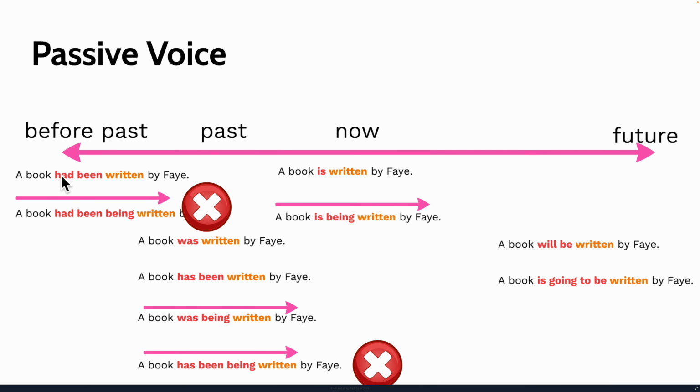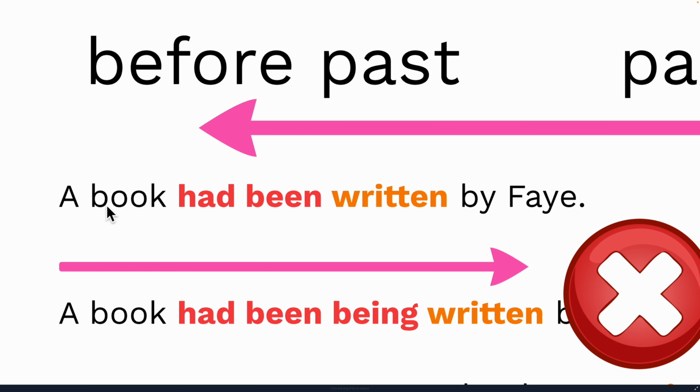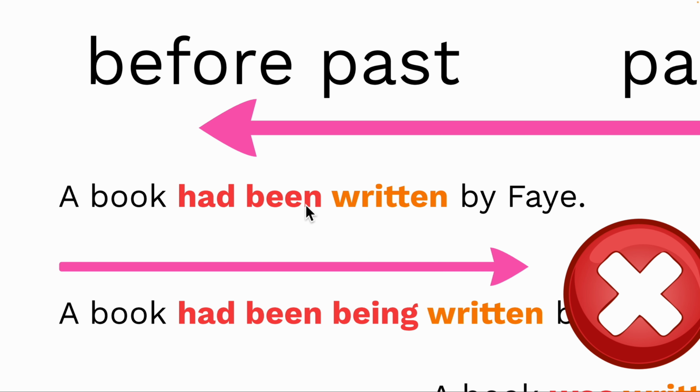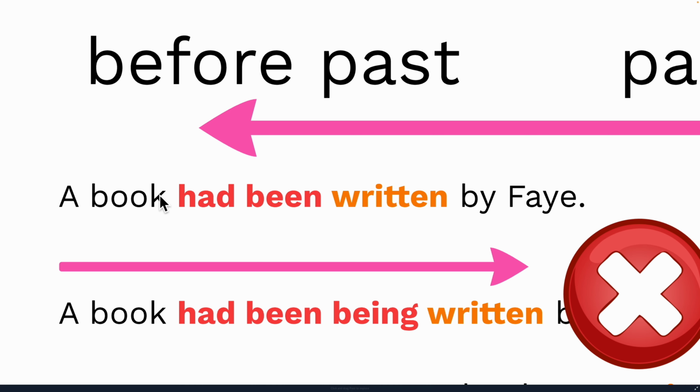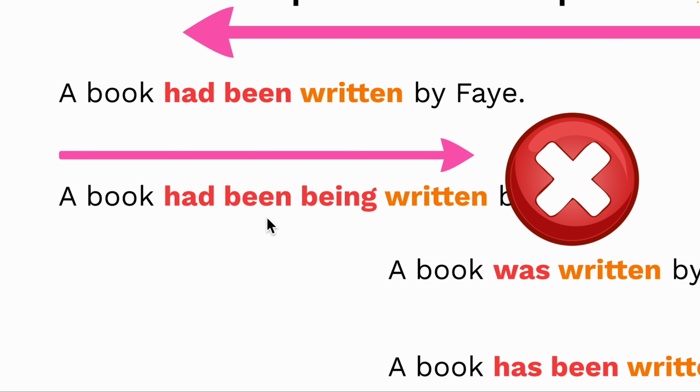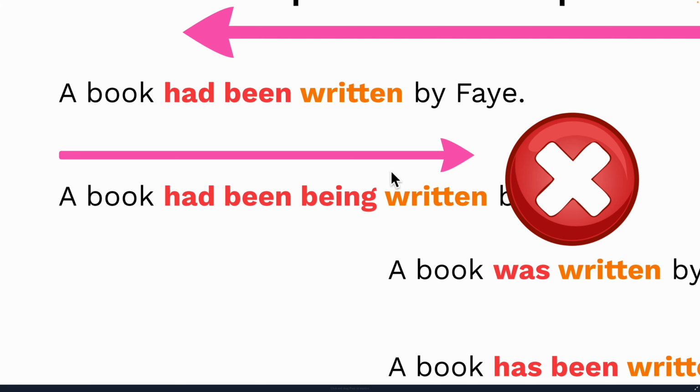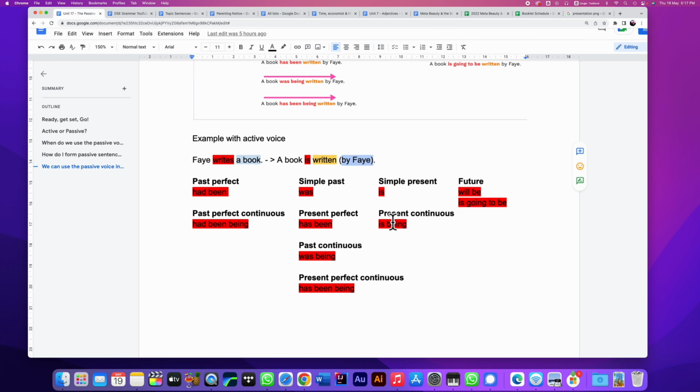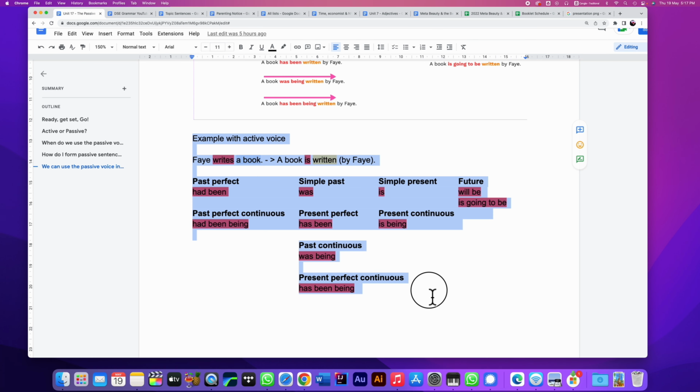Then how about a tense that happened before past tense? A book had been written. Past perfect tense: a book had been written. Again, we seldom use past perfect continuous tense in passive voice, so this one you can ignore. And a summary will be listed here in the document.